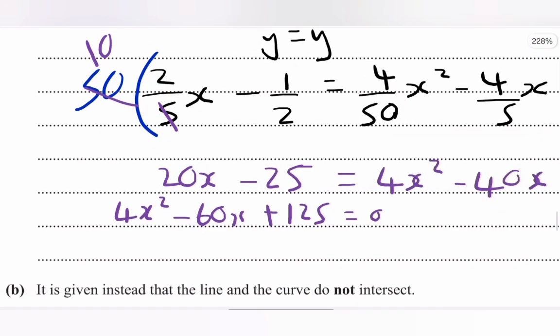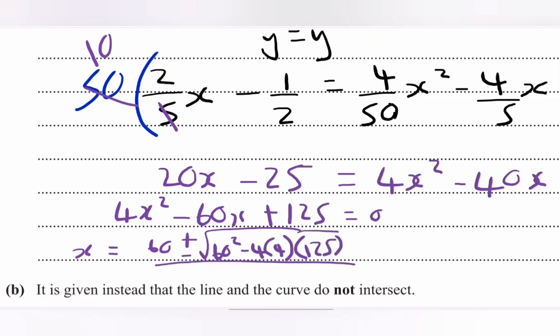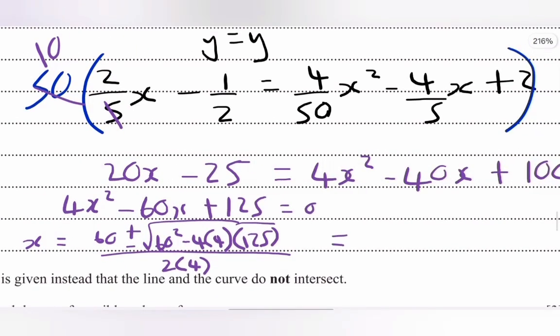Now from here we get 4x squared minus 40x minus 20x, that's minus 60x, then plus 125 is equal to 0. Using our quadratic formula, we get x to be 60 plus or minus root of 60 squared minus 4ac over 2a, which is 2 and 4. And this should give us two x values, which we're going to substitute into one of those equations.